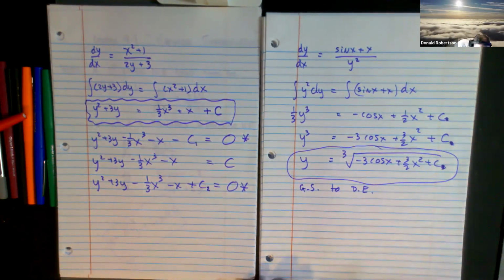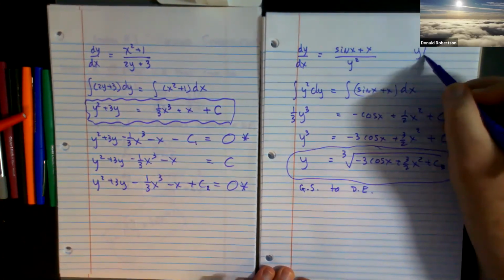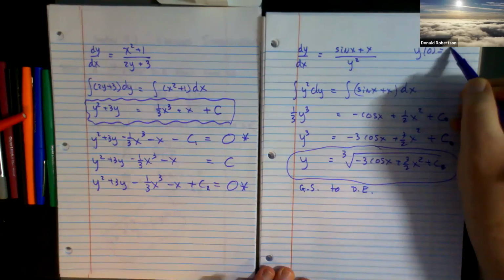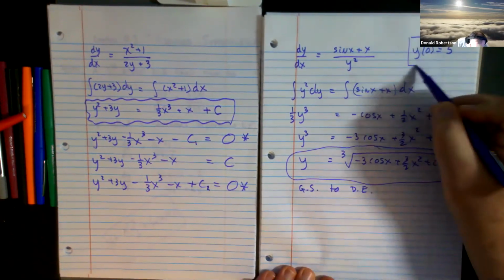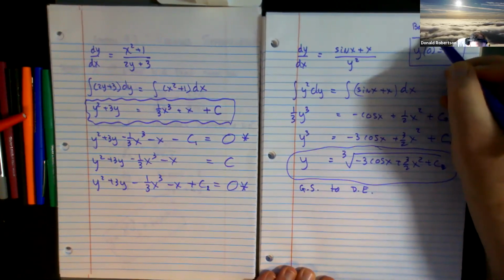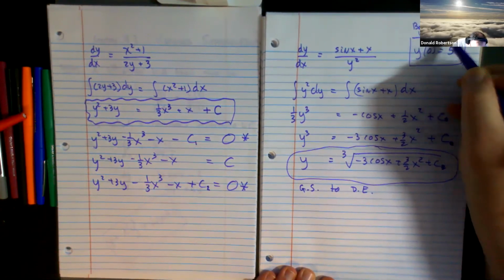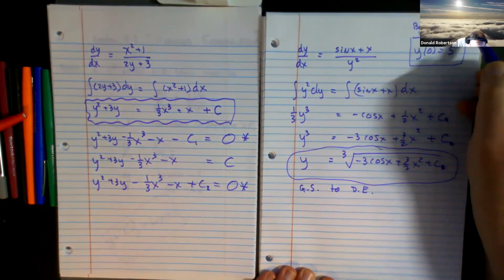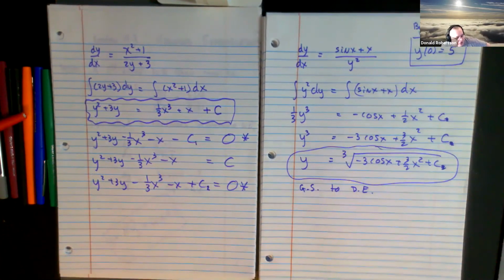Now, suppose I told you, because we might, that y of 0 is 5. This is the guy that's sometimes called the boundary or initial condition. Right? So isn't that guy's job to tell you who C is?